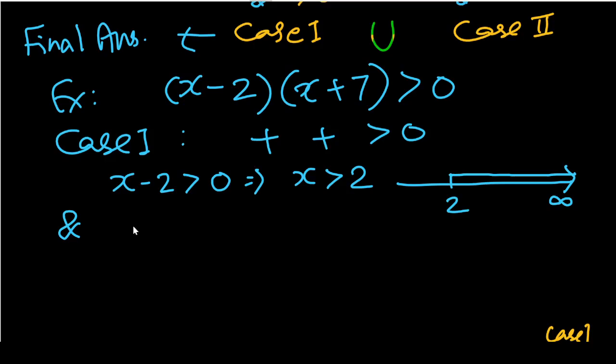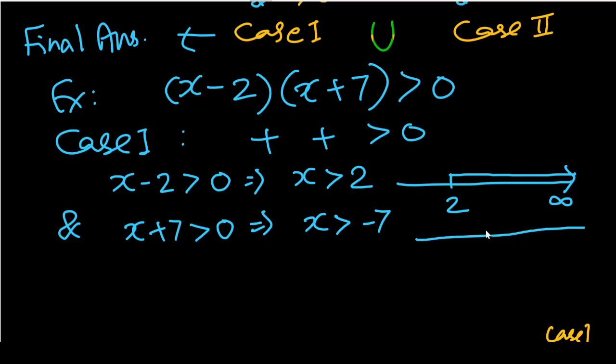And we will apply the condition for x plus 7. It also should be positive. X greater than minus 7 we will get, and again we will plot minus 7, which is on the left side of 2 since it is lesser than 2, and minus 7 to infinity again.